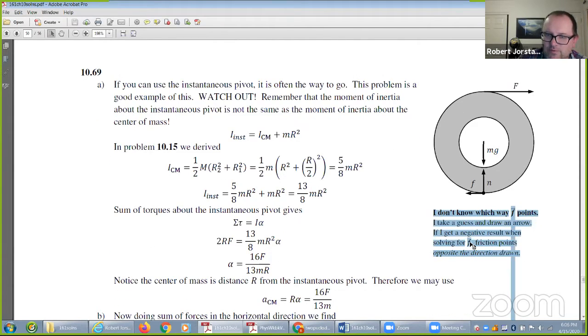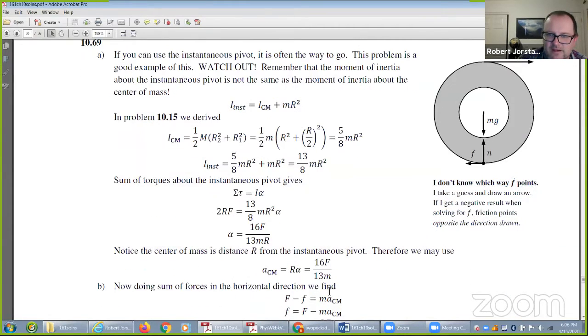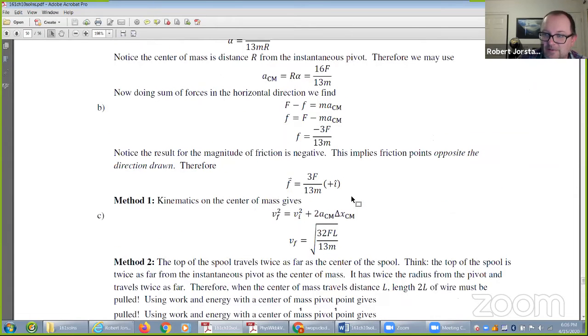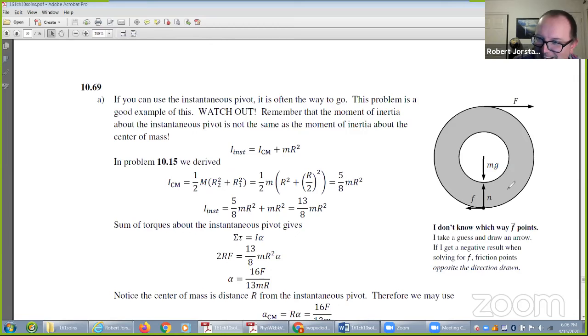I don't know which way friction points, so I'm just going to work it all out. I did all the math, and notice friction turns out negative, which means friction is actually pointing the other way on this one. So in this particular problem, you pull it to the right and friction points to the right. Isn't that crazy? I love it.